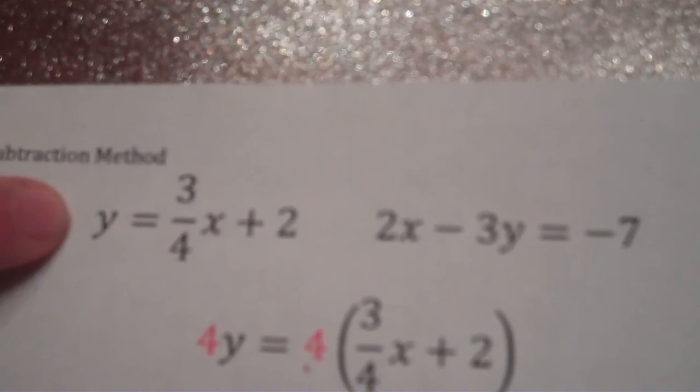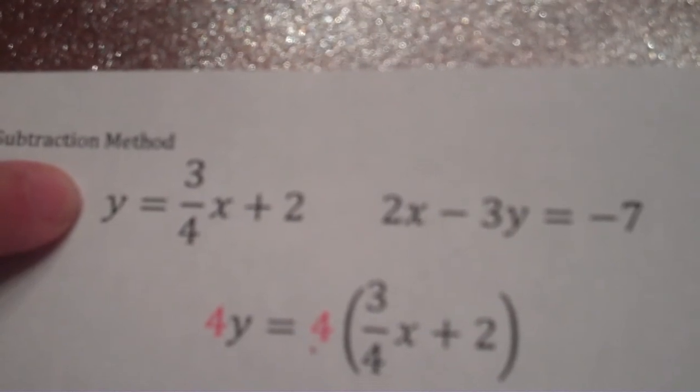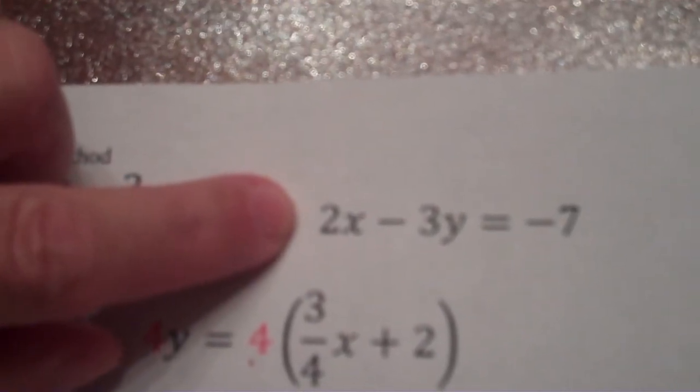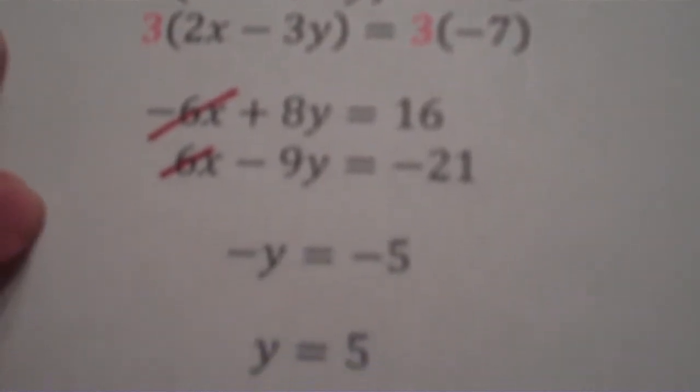Plugging y into the one on the left this time is not a pretty picture. You could do that, of course, but it would be much more simple if I plug into the equation on the right. So let's go ahead and do that. And I have 2 times x minus 3 times y, and I will of course put my 5 in for the y value, equals negative 7.